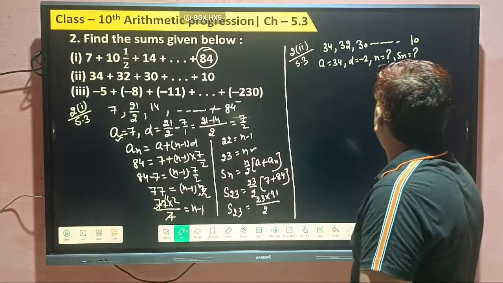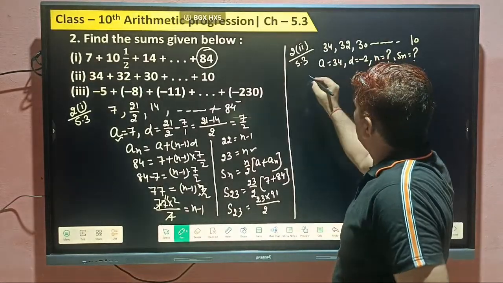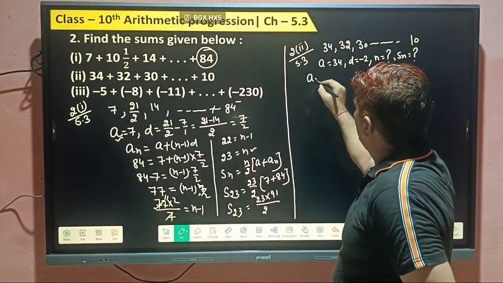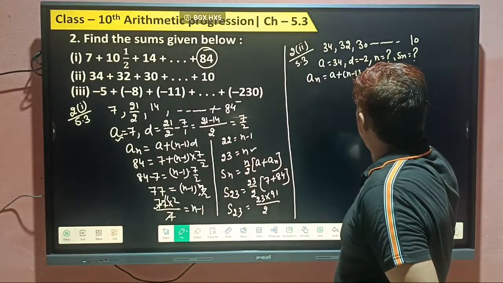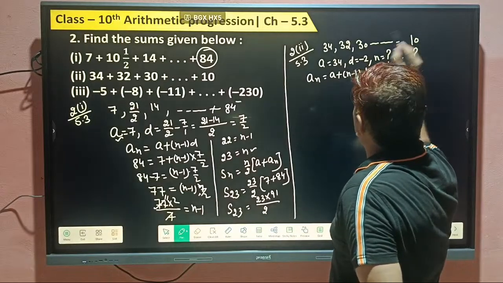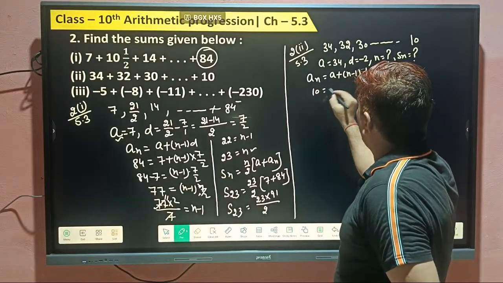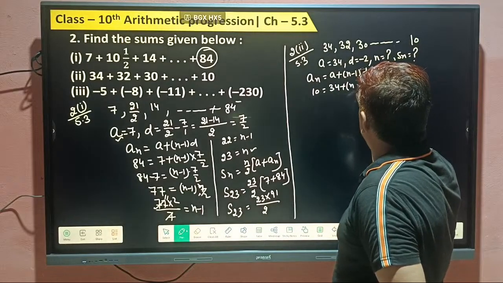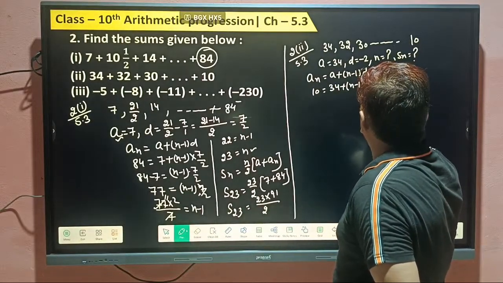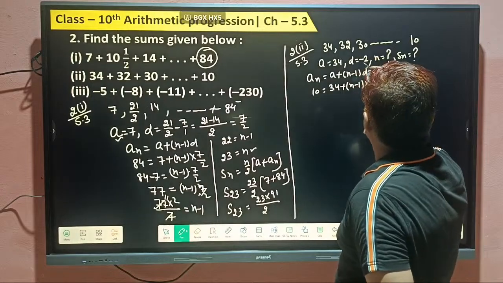So what can we find out first? An equal to a plus n minus 1 into d. What's your An? 10. What's your A? 34 plus n minus 1 into minus 2. D is equal to minus 2.